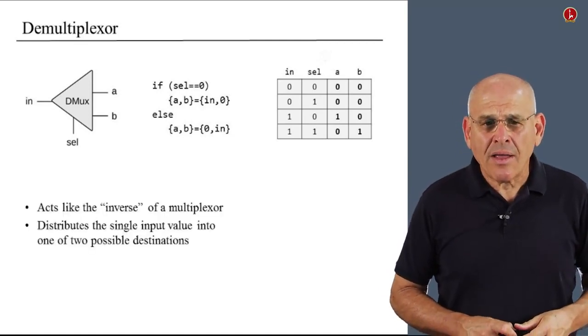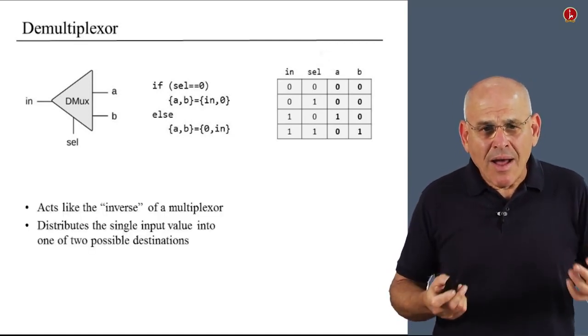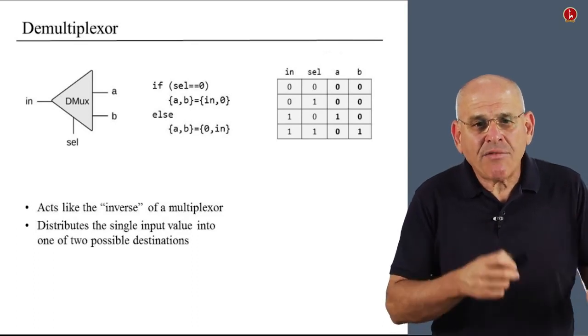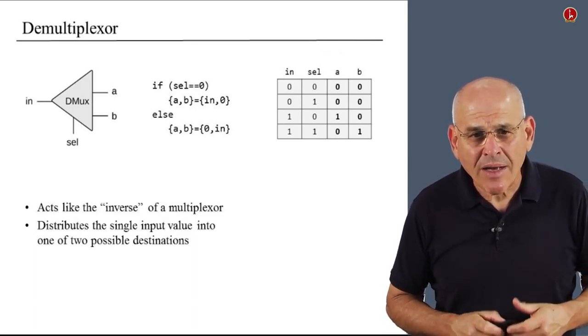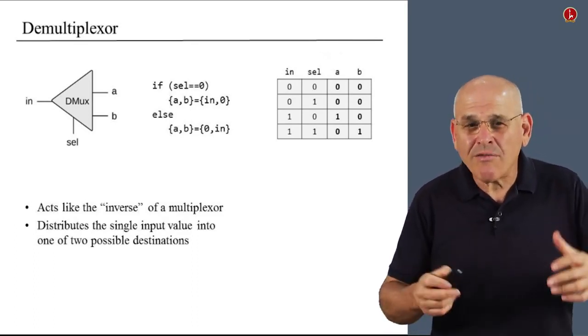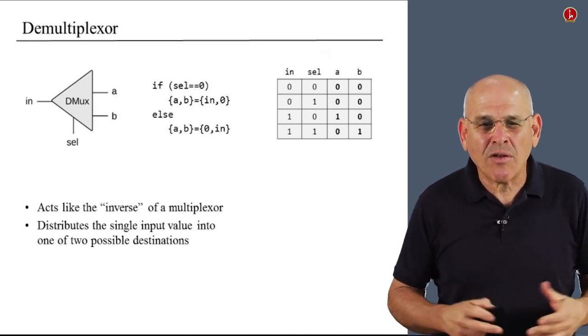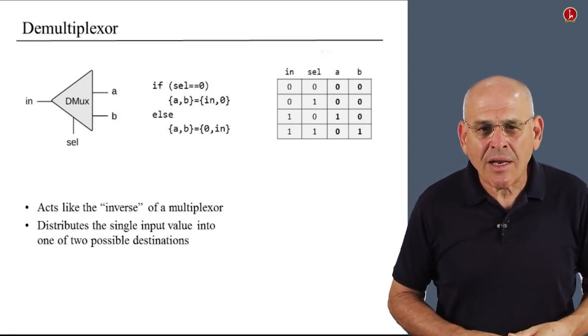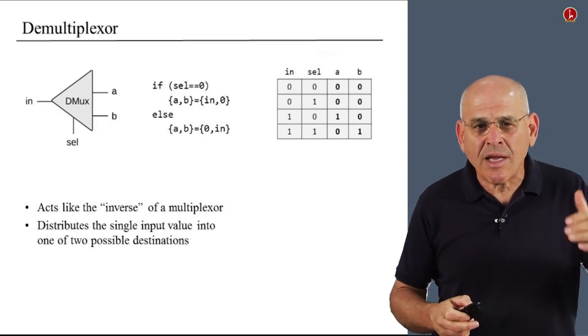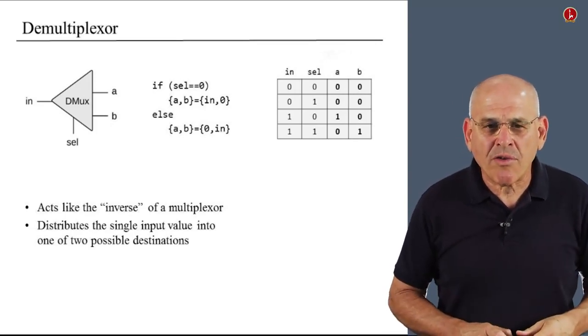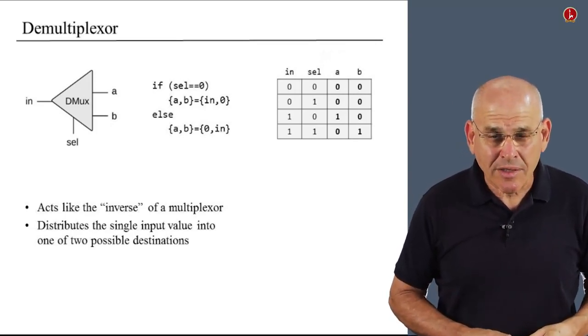So the DMUX is basically an inverse of a MUX, if you don't like my pronunciation. Once again, it distributes a single input into one of several possible output channels.